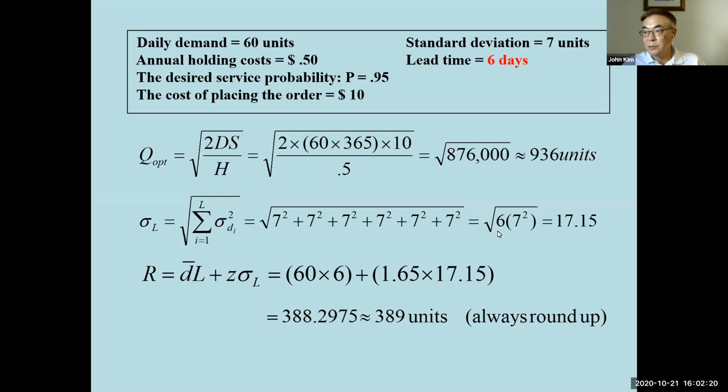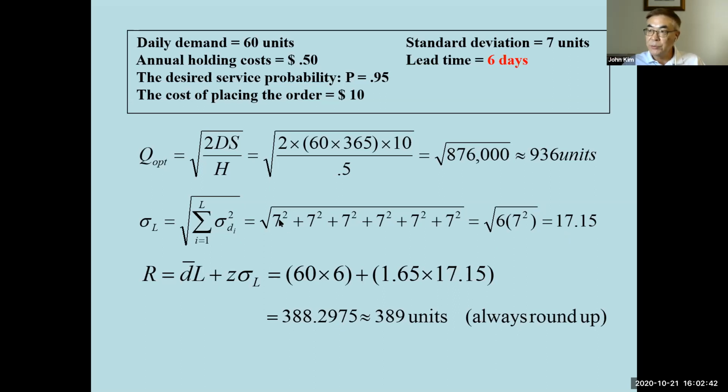So L, lead time 6 days, times standard deviation, and then square, and then square root, so 17.15.